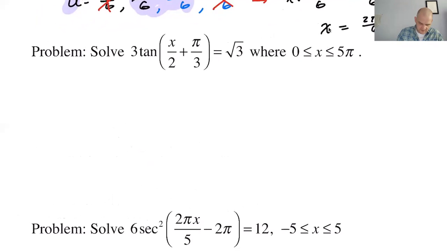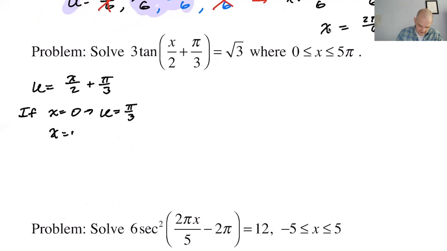So I'm going to do U substitution on this. U is going to be x over 2 plus pi over 3. If x is equal to 0, then U is pi over 3.